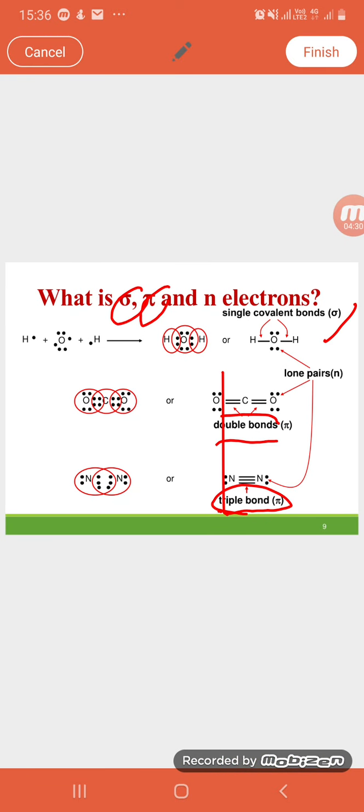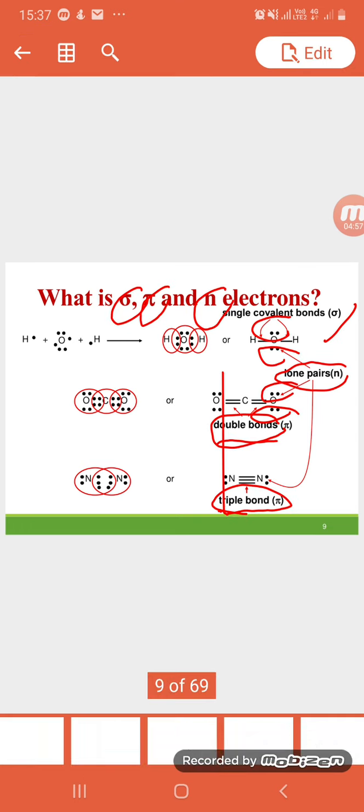Double bond and triple bond are represented by pi electron, and these bonds are called unsaturated bond. The n electron represents the non-bonding electron, because it is not bonding. The n electron is the lone pair, which is the non-bonding electron. It is not involved in bonding.